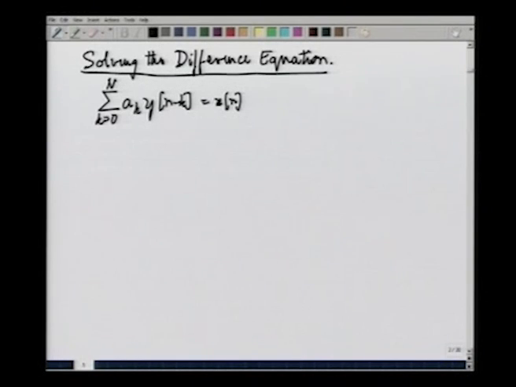we will first look at solving the homogeneous equation. The corresponding homogeneous equation would be this; this is of course what we call the non-homogeneous equation.